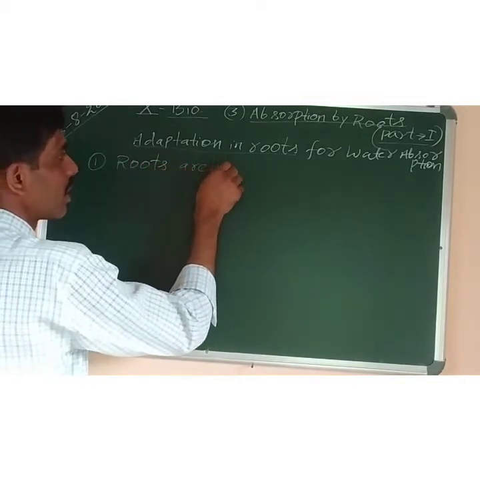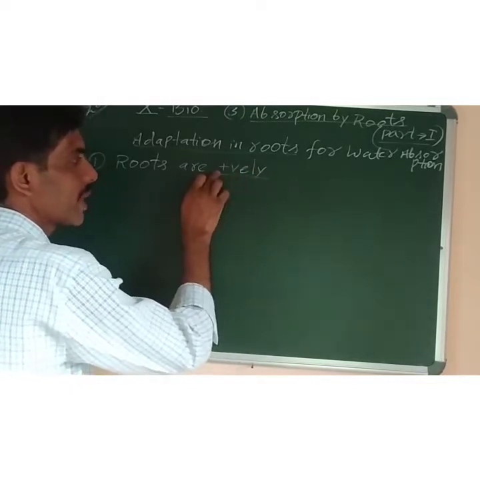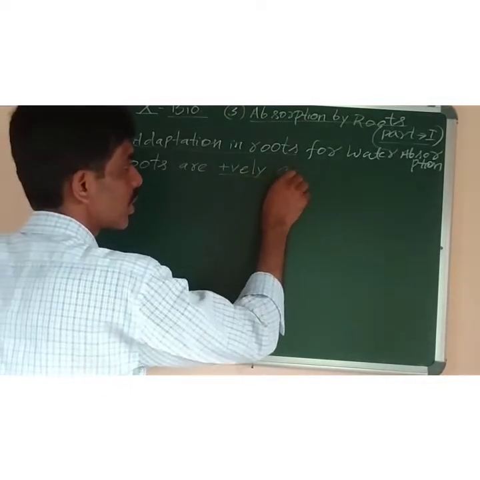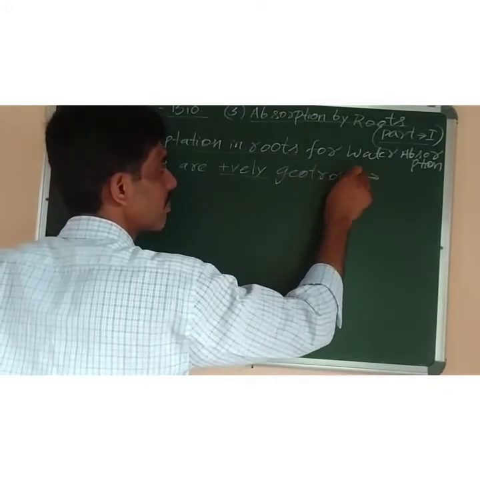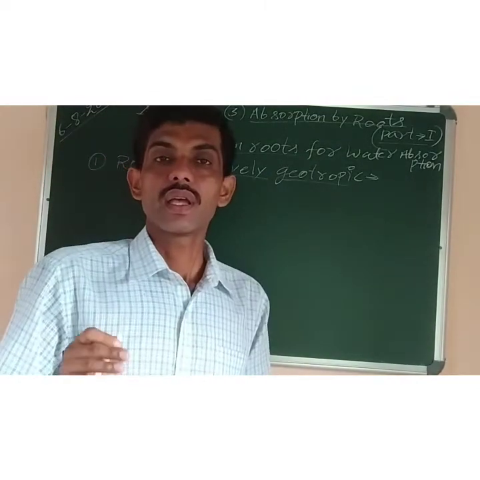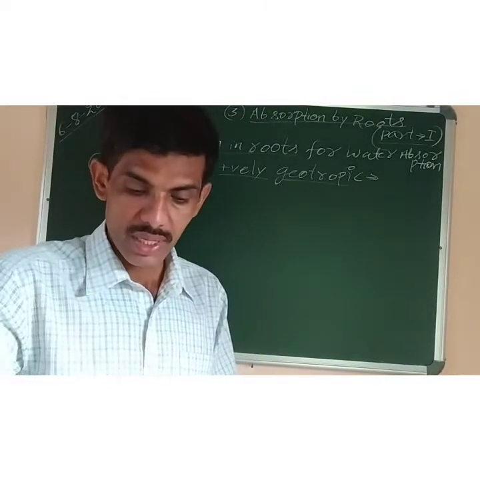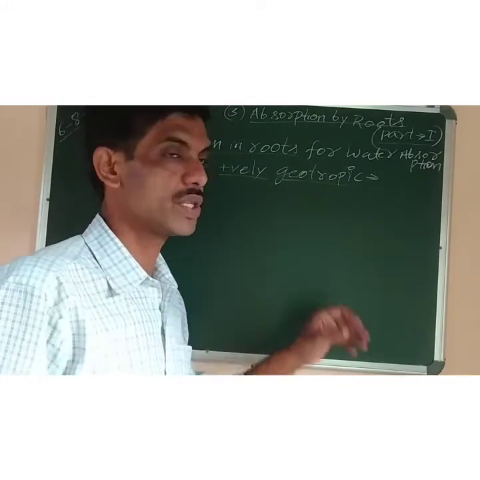Roots are positively, this word I am writing plus means positively geotrophic. Geo means earth, tropic means the movement of the plants towards the soil or towards the earth. Since the roots of the plant grow inside the soil, not above the soil, they are called positively geotrophic.